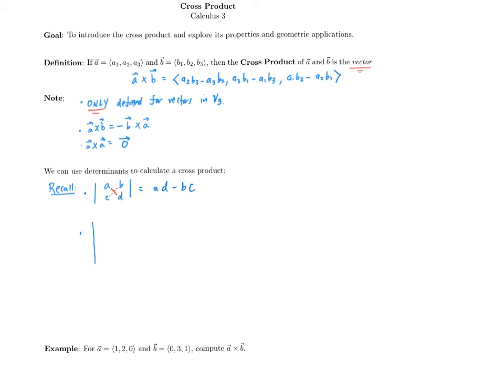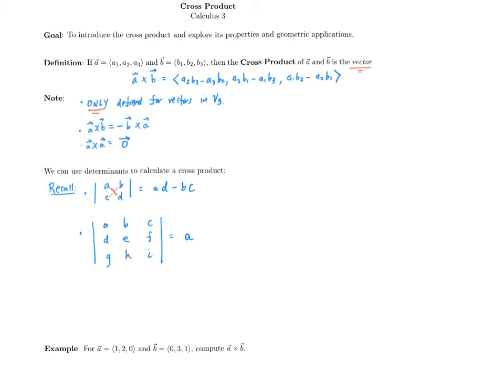We can do the same thing with a 3 by 3. So we're thinking we have all these entries, typically numbers, but they could be functions or other types of quantities. So A, B, C, D, E, F, G, H, I. How we go about this is as follows. We are going to work our way across the top row. So we start off with this A entry. We have A, and then we multiply it by a 2 by 2 determinant.